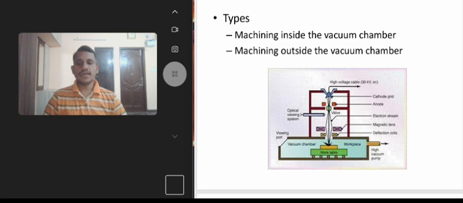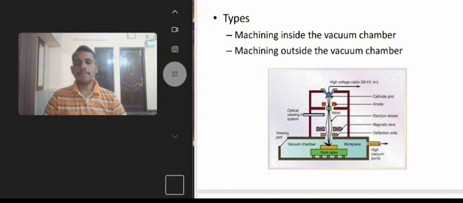When the electron beam impacts the workpiece surface, the kinetic energy of the high velocity electrons is immediately converted into heat energy. This high intensity heat melts and vaporizes the work material at the spot of beam impact.